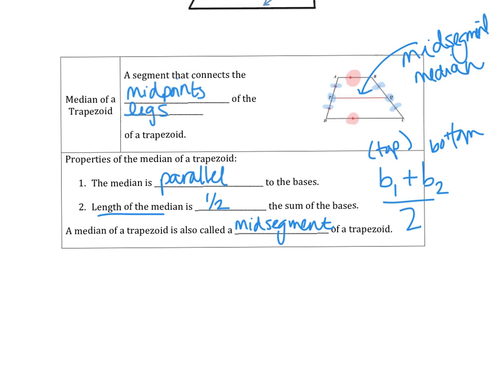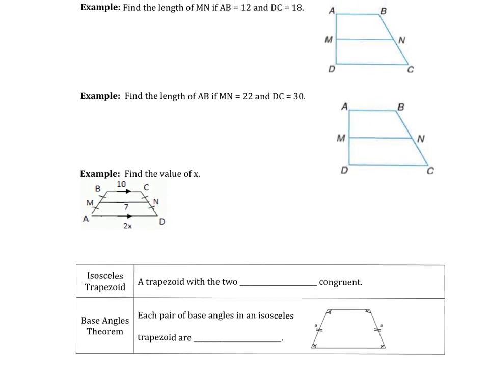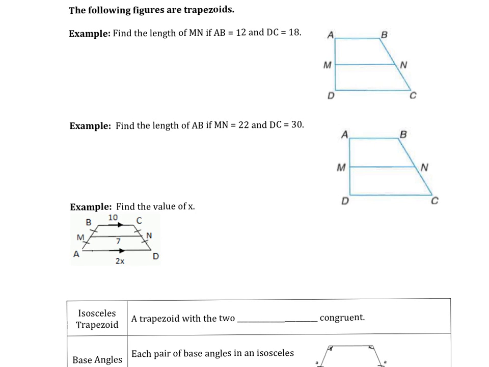All right, so now we're going to use what we know about our trapezoids here and do some examples. Make this a little bigger for us. So example number 1 right here, we're going to find the length of MN, and MN is our mid-segment. Okay, and if we know that AB, so the top base, is 12, and DC, that bottom base, is 18.